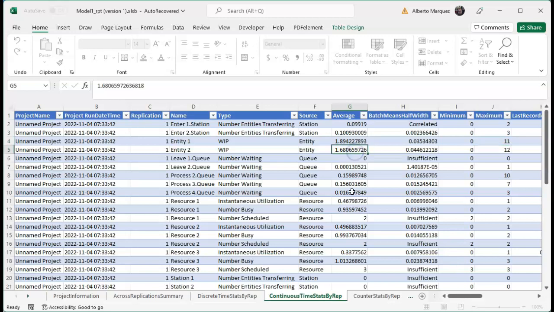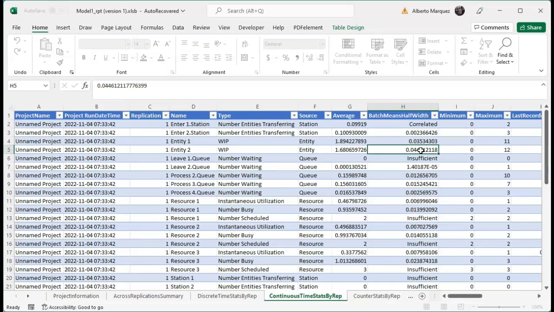Similarly, for entity type 2, the average total is 1.68. The 95% confidence interval upper limit for the average WIP of entity type 2 would be the summation of 1.68 and 0.044, which is roughly 1.724.